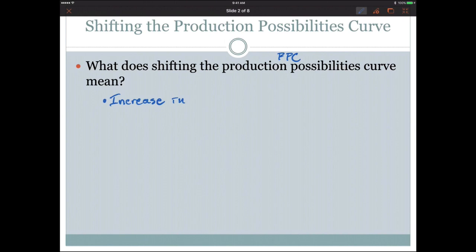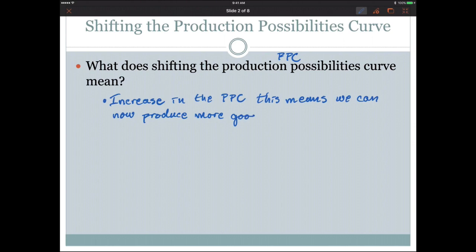So if there's an increase in the PPC, this means we're now able to produce more stuff than we could before. So we can now produce more goods and services.